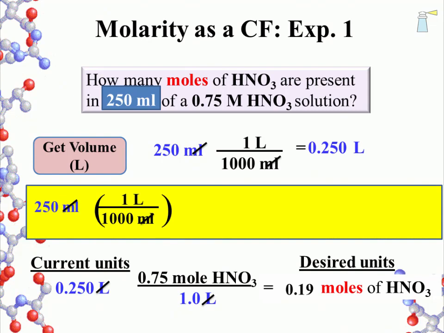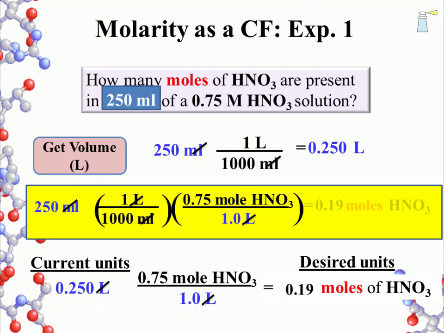Verify that units of mLs cancel out, leaving units of liters. Convert those units into moles of solute with the molarity written in definition form. Verify that unit liters cancel out, leaving unit moles, and then do the math. The same 0.19 moles of nitric acid should come out.